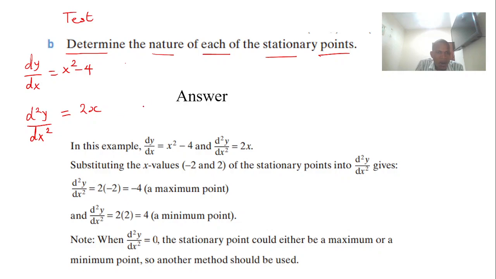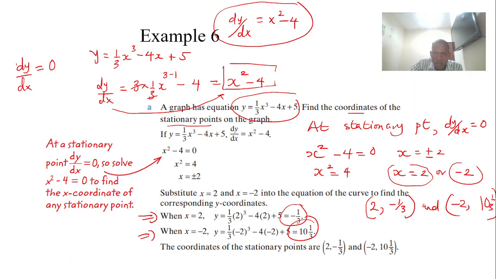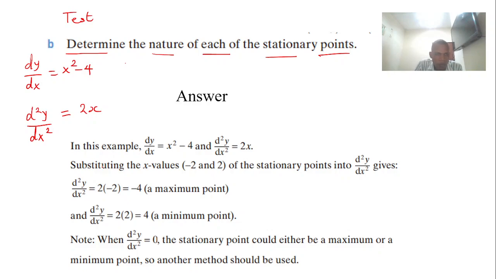Now we have to plug in the values of x. Don't forget the values of x we got were 2 or negative 2. So we do at x equal to 2. Let's see what d squared y over dx squared is going to give us.